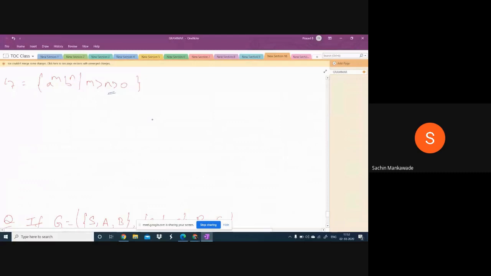Very good. If n is 1, that means B's are 1. Then how many minimum A's? 2. So this is the smallest string.